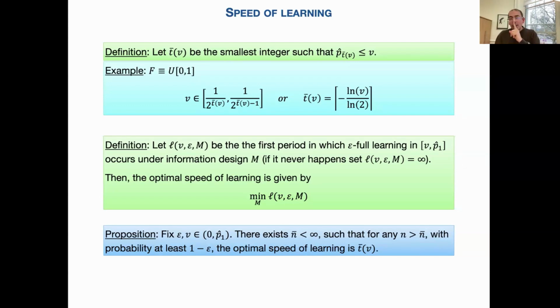Now, what is actually interesting here is that suppose that you want to epsilon learn the valuations above V, so not everything below P1. Suppose you only care, let's say P1 is half, if you are in the uniform, and you only want to learn the valuations that are above 1/8, because the ones below you don't care about since they're small.